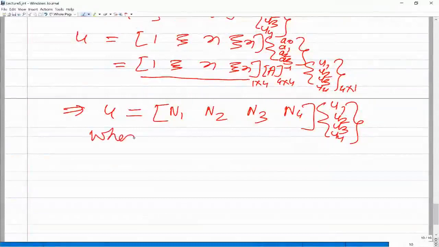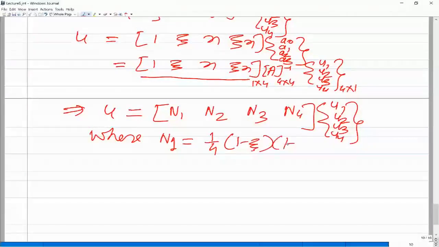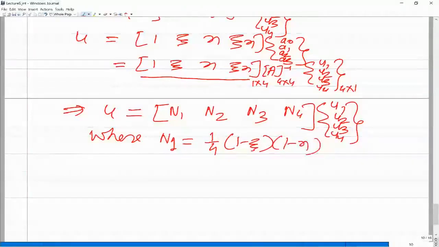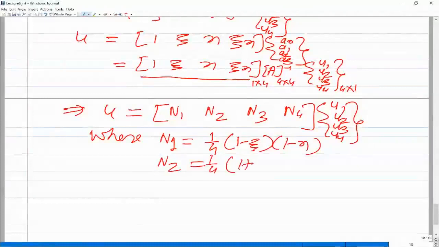When you multiply 1, xi, eta with the A inverse matrix, you will get n1 as 1 upon 4 into (1 minus xi) into (1 minus eta). Similarly, n2 would be 1 by 4 into (1 plus xi) into (1 minus eta).